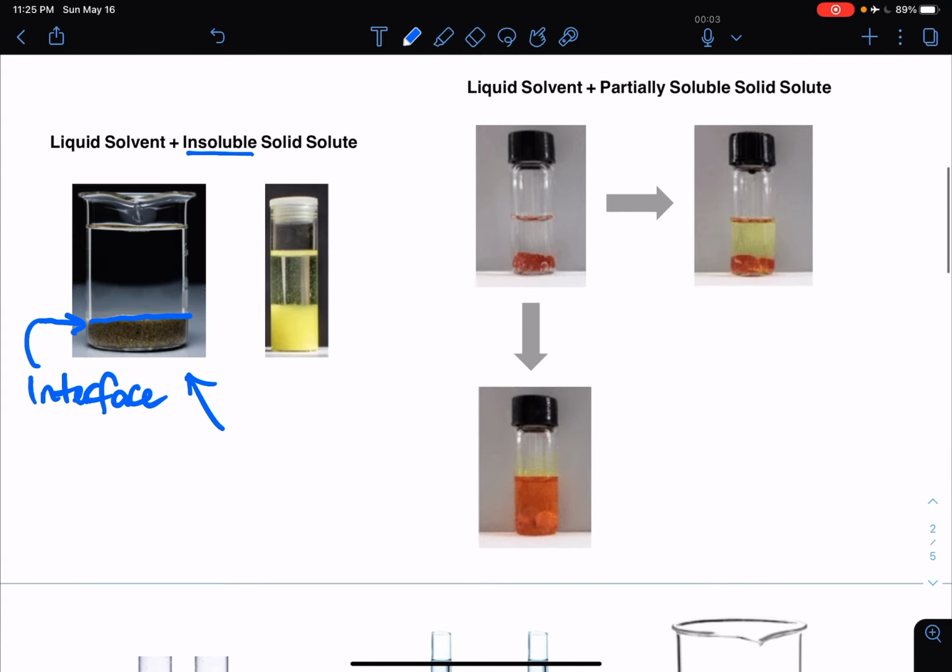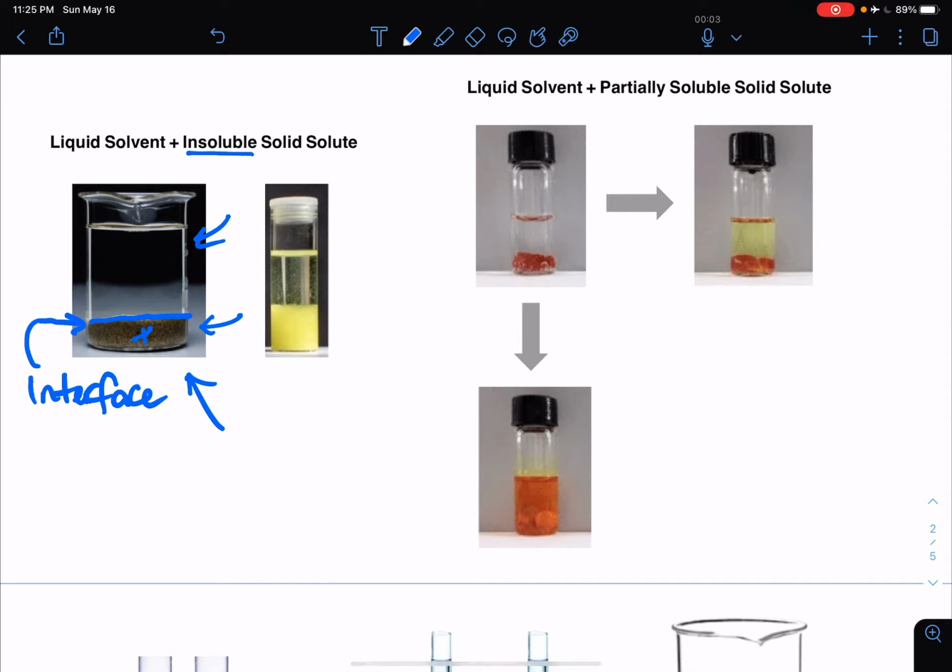So you can see right here we've got the solvent and we've got the solute down there. And this is a sand and water mixture, and you can see where the sand ends and the water begins. And now you've got those two different phases of matter.